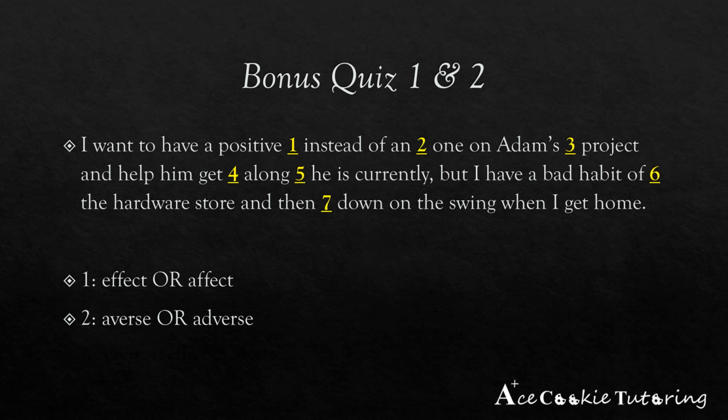So are you ready? Think about what those different words mean, and think about whether we need verbs, adjectives, nouns, what kind of word we'd need in this example. So are you ready? Number 1 and number 2, the answers are effect and adverse. So any questions, go back and re-listen to those differences and make sure you've got it down before we move on to numbers 3, 4, and 5.